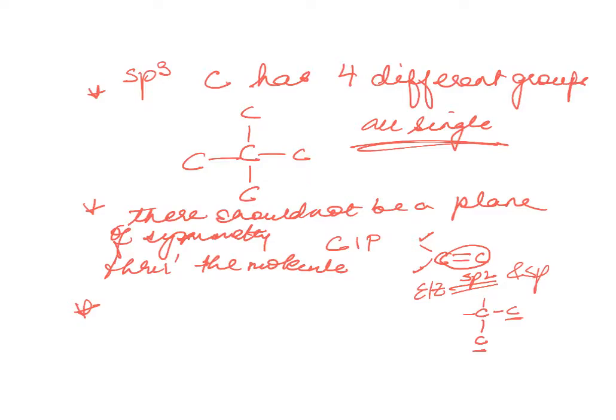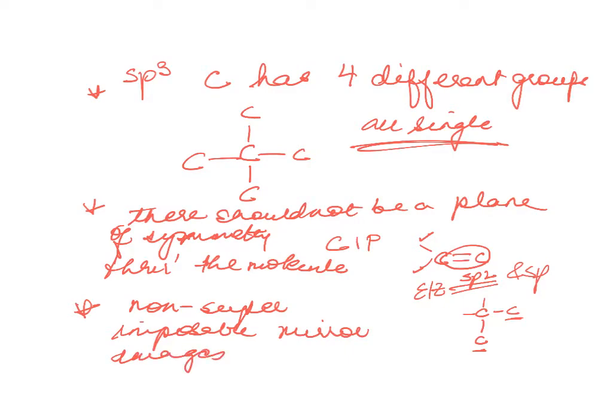And lastly, we want non-superimposable mirror images. So three requirements for something to have a chiral center: you must have an sp3 hybridized carbon atom with four different groups. There should be no plane of symmetry through the molecule. You should have non-superimposable mirror images.